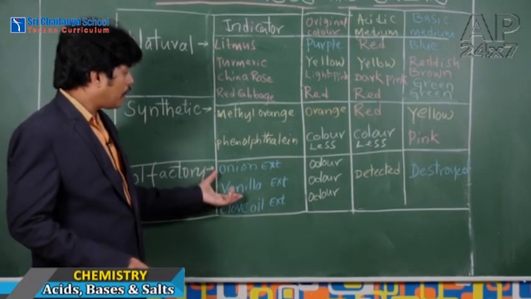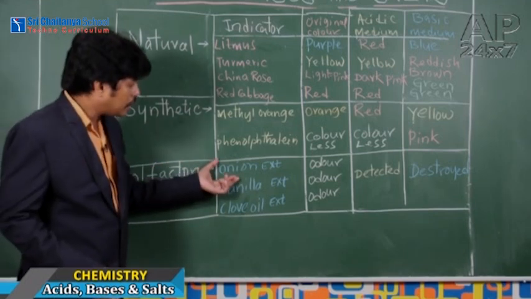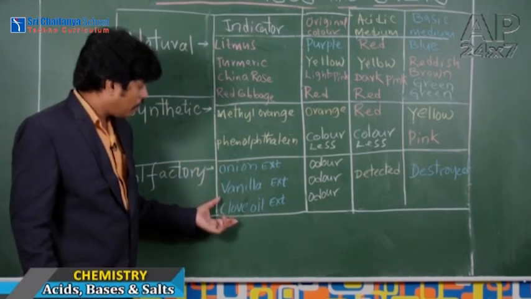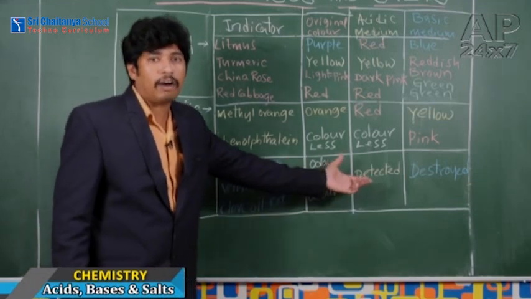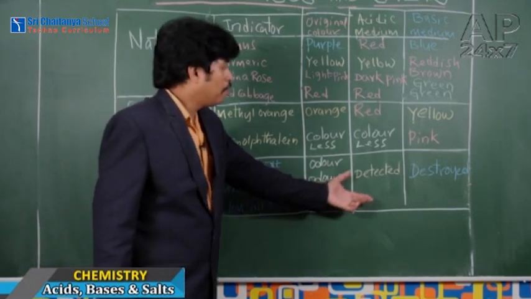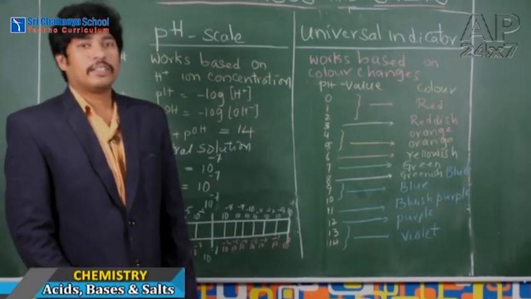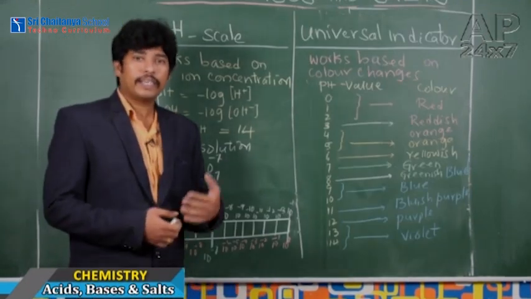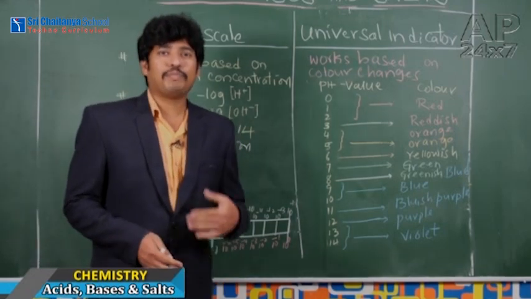So here I will conclude the olfactory indicators, either onion extract, vanilla extract or otherwise clove oil. In acidic medium the smell or odor can be detected as it is, but in basic medium the smell or odor will be destroyed.